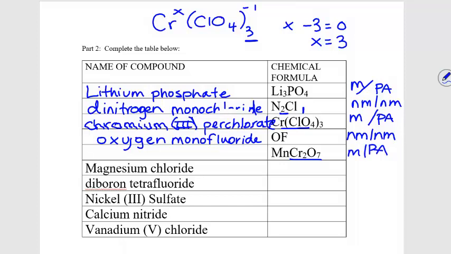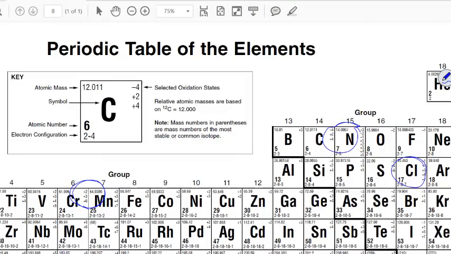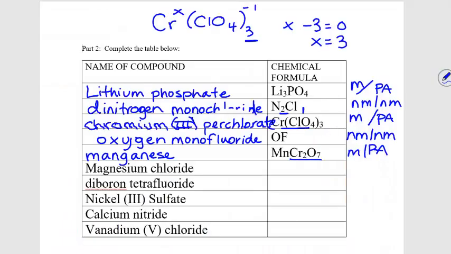So we'll name our metal manganese. And we'll see if manganese needs Roman numerals. Yep, it sure does. It has lots of charges. So we'll put the Roman numerals in there. Then we'll name the polyatomic off table E, except I can't spell. Oh dear. It did not erase. There we go.